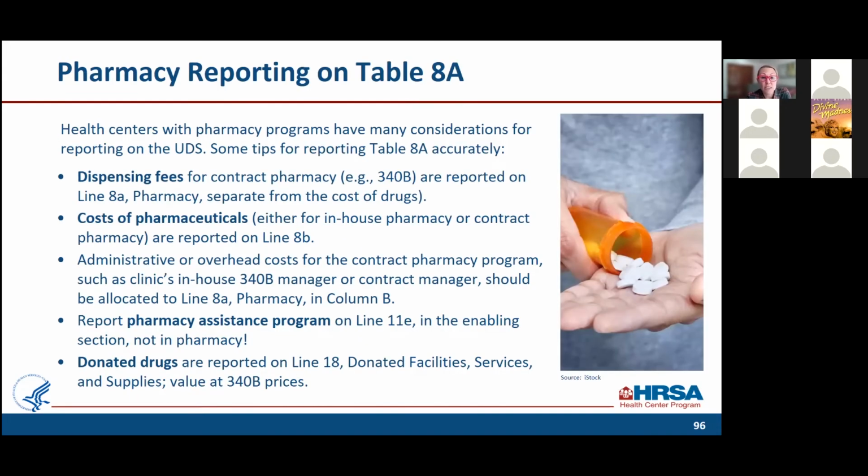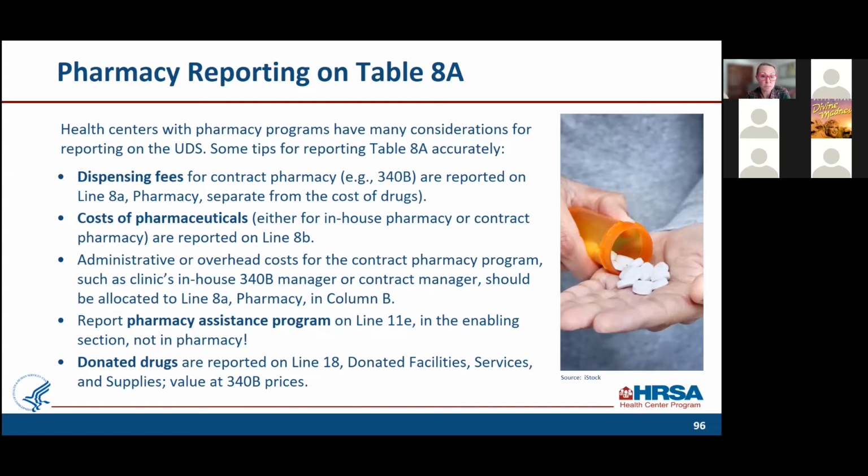So we touched on some of this on that last slide, but I want to highlight pharmacy reporting here because I know in the last training, some folks brought up 340B. So first, if you have a contract or a 340B pharmacy, you'll want to review pages 166 and 167 of the manual for reporting requirements.